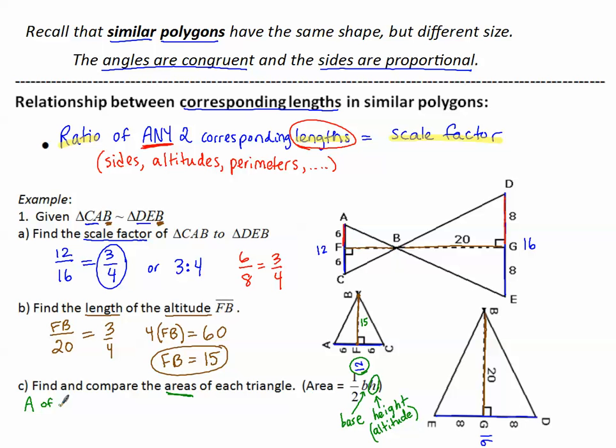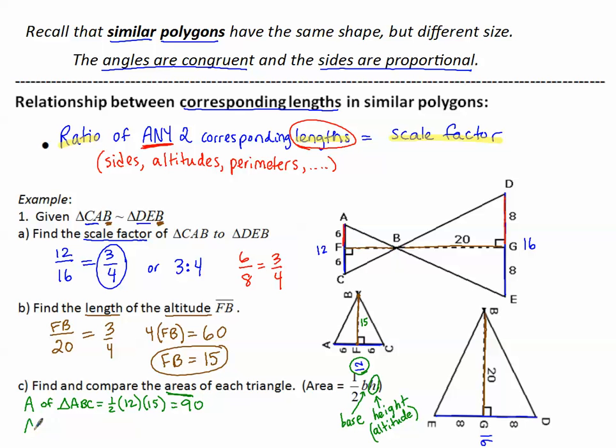Area of triangle ABC, 1/2. The length of the base is 12, and the height, the altitude, 15. Half of 12 is 6. 6 times 15, 75. Oops, excuse me, 90. I was doing 5 times 15.